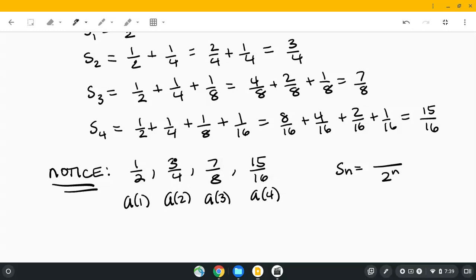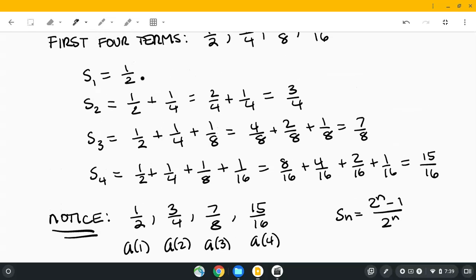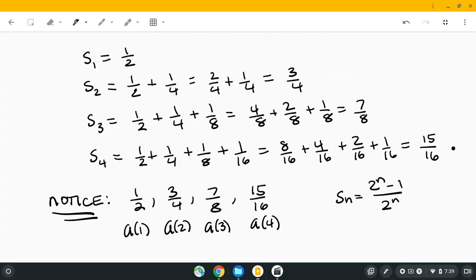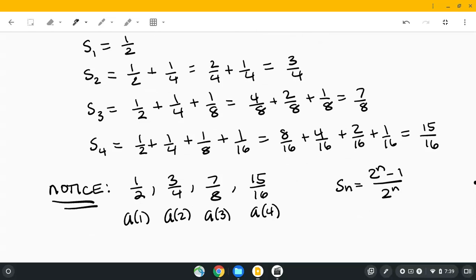But when we plug in 2, we get 3. When we plug in 3, we get 7. We notice that these are all one less than the denominator, right? So it's 2 to the n, but 1 less. Okay, so even the answers here form a sequence where you can find a formula for its sum.